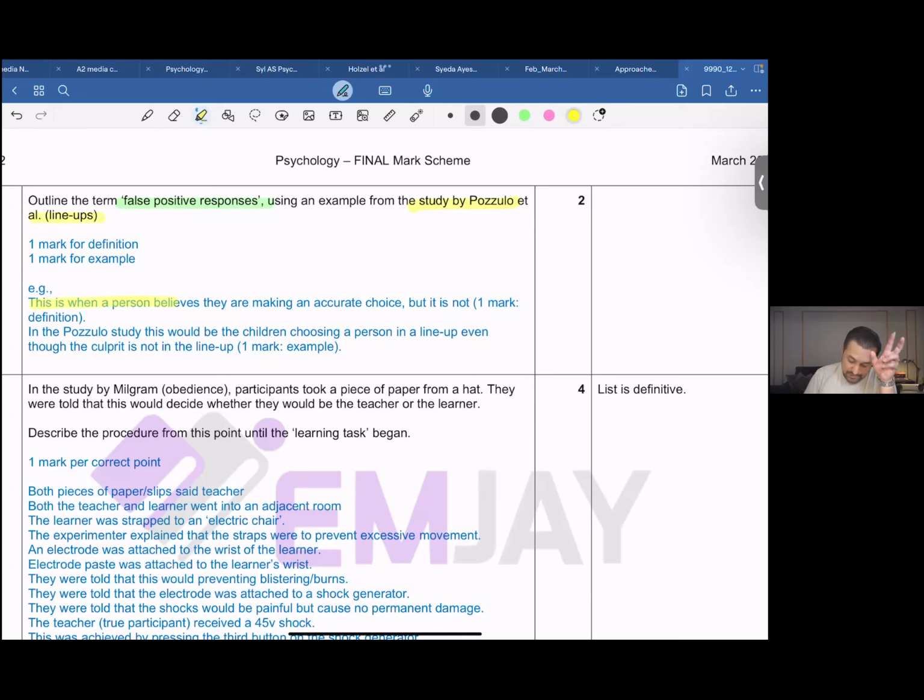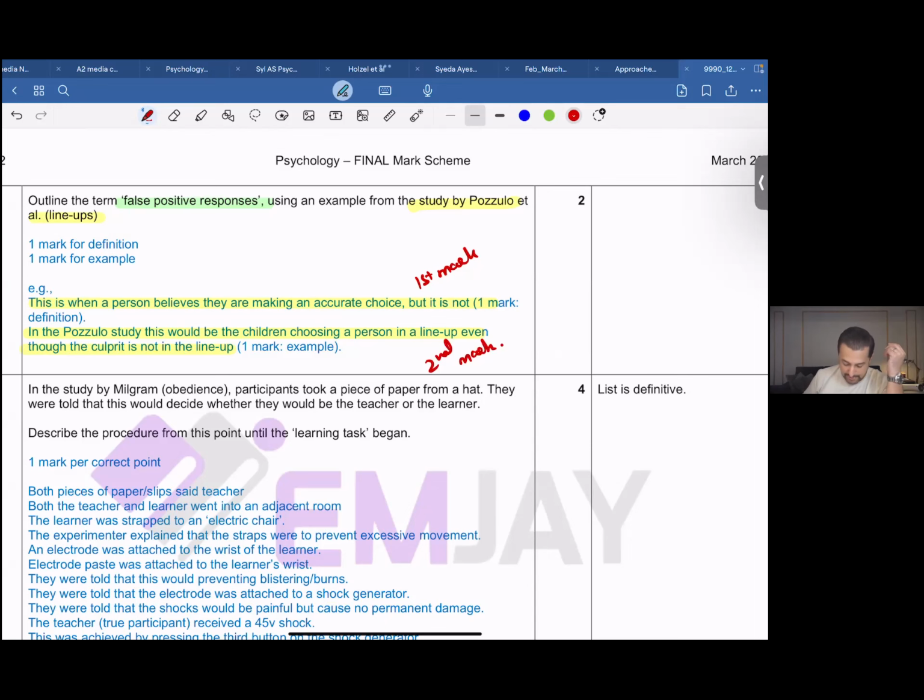This is when a person believes they are making an accurate choice, but it is not. You write that, you get a single mark. In the Pozzolo study, this would be the children choosing a person in a lineup even though the culprit is not in the lineup. So the first mark for a definition, the second mark for an example.